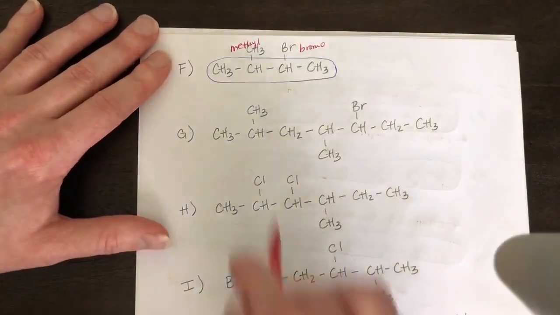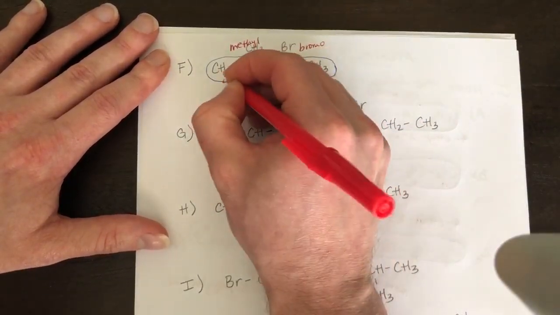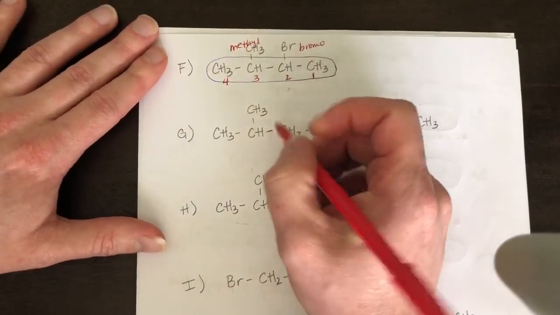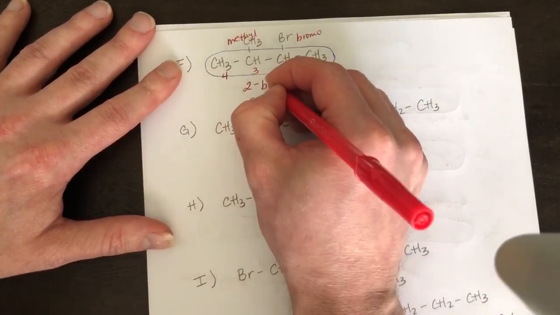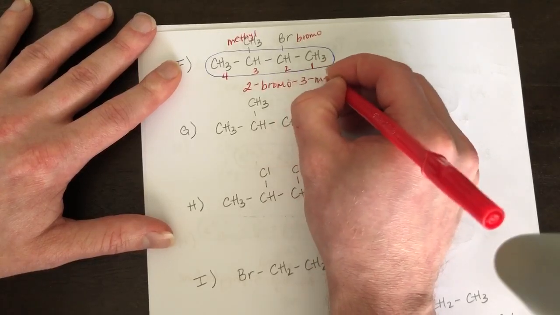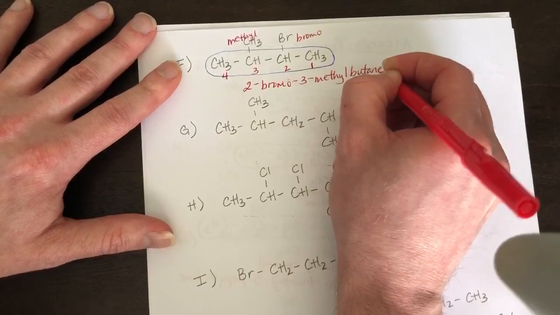So bromo comes before methyl in alphabetical order, and they're going to be at the lowest at 2. So 1, 2, 1, 2. So bromo is going to get the precedence over the methyl. So this is going to be 2-bromo, 3-methyl, butane, because it's 4 carbons long.